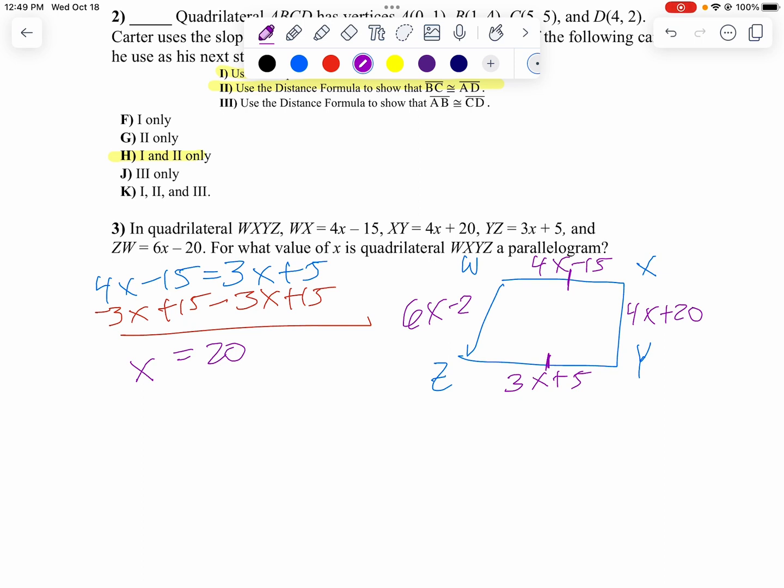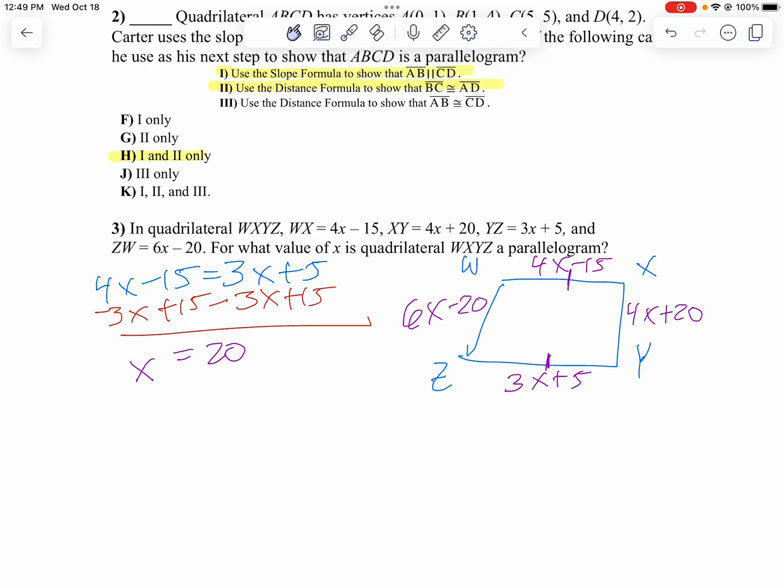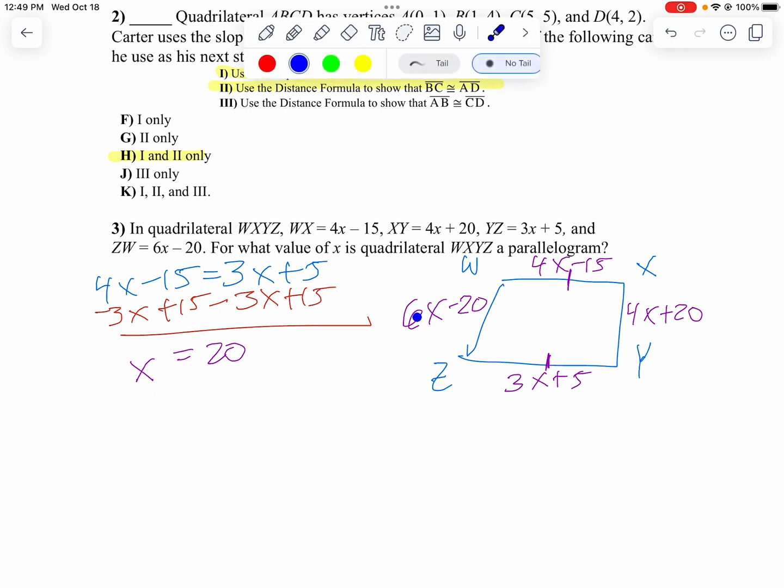Now, let's see what happens if I put in 20 for my other sides. I put in 20, so 6 times 20 is 120, minus 20 would be 100, wouldn't it?